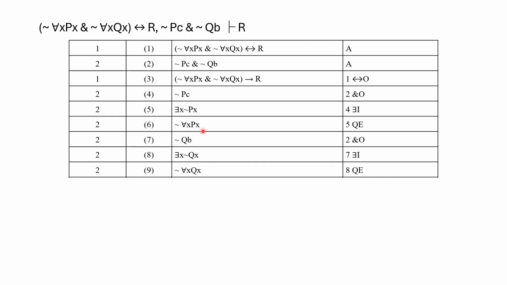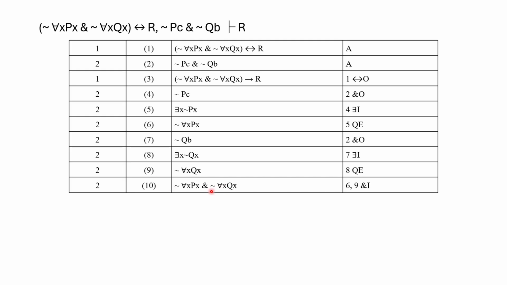Now I have both of my conjuncts that are my antecedent here. So I just need to piece these two together. I need to piece 6 and 9 together to create the antecedent that is up in 3. Once I've done that, then I can get the R out. So 3 and 10, arrow out. Now I've got the R, and that's all I need to do.